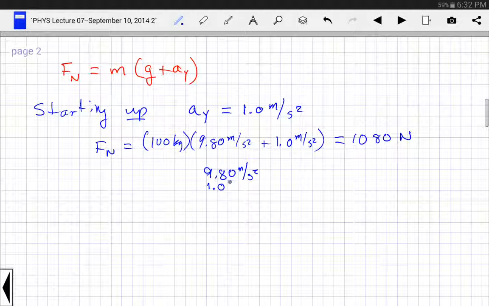My least significant digit in the first one is the 100ths. Least significant digit in the second one is the units. So in my answer, my least significant digit is going to be the greater of those two in the units. When I add this together, it's 10.8 meters per second squared.